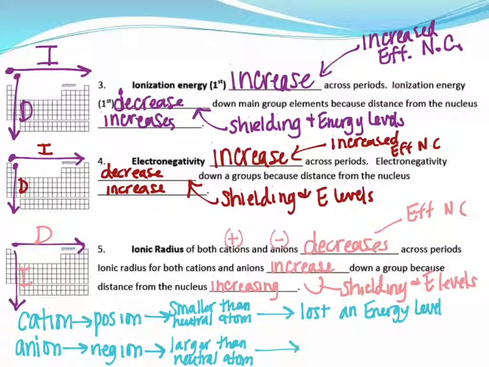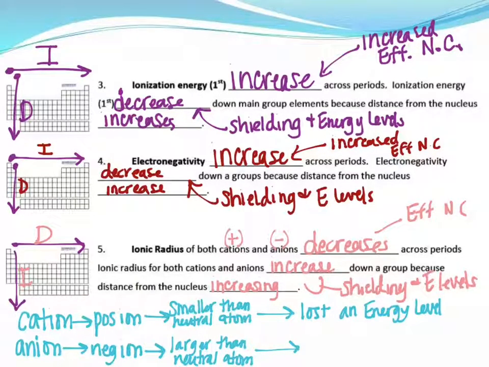And why? Why do you think this got larger? We didn't add a shell. What could possibly make it get larger? What did we add there? Electrons. And electrons have what charge? Negative. And when I add a negative charge and get it closer to another negative charge, what happens? It's not math. A negative plus a negative doesn't make a positive. Think of a negative magnet and a negative magnet.